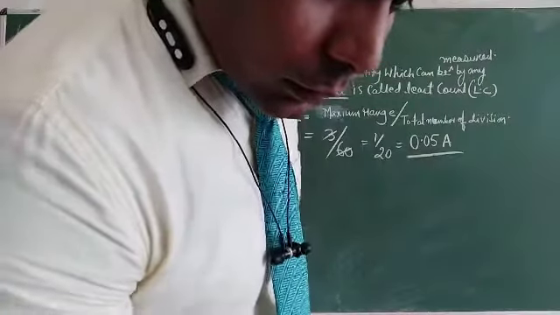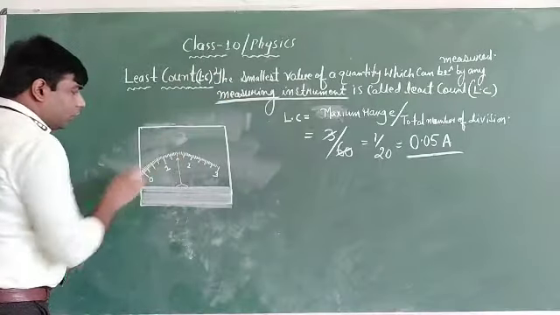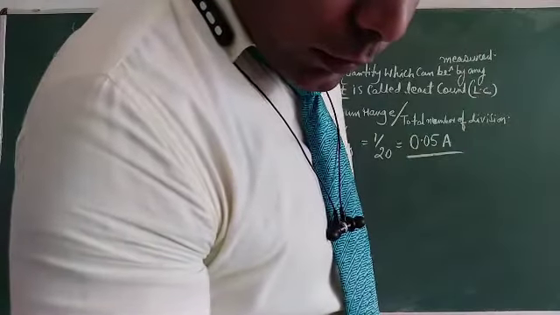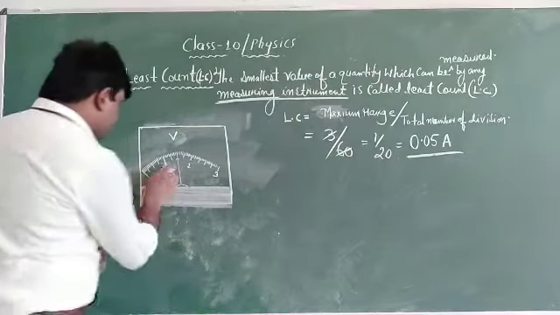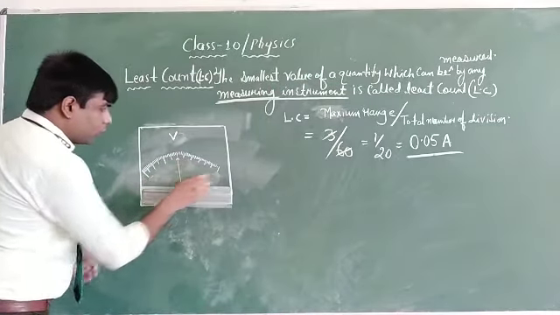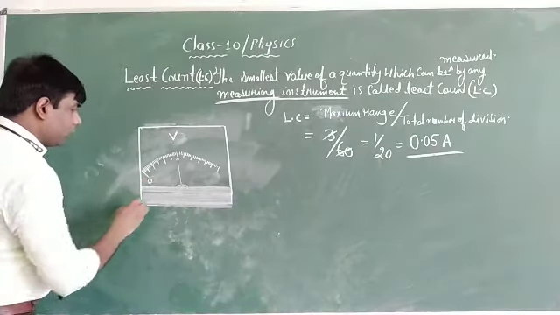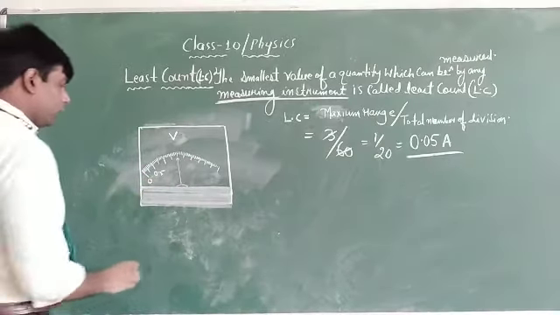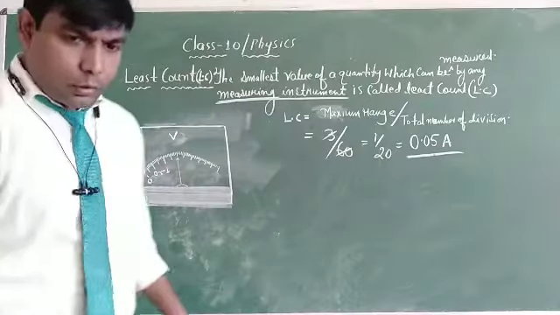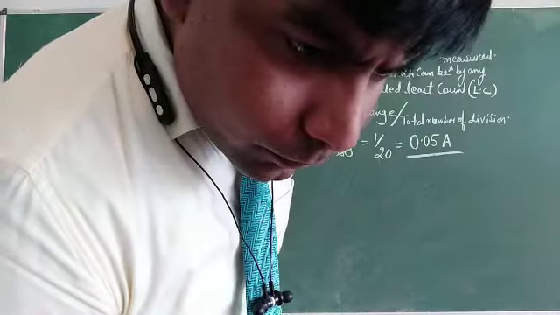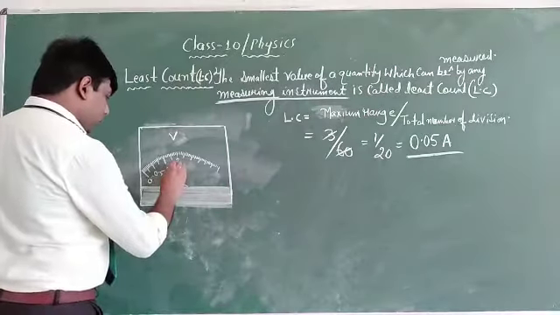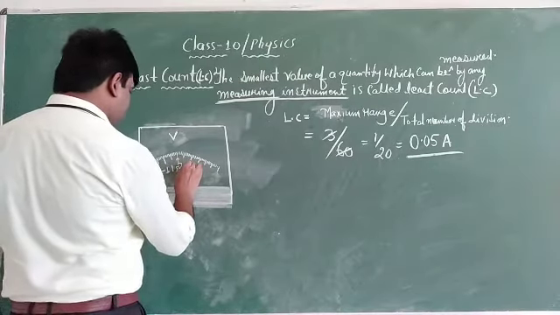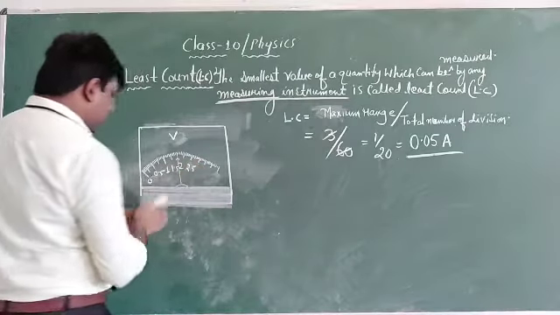For the voltmeter, it changes a little bit. It will be V here, and the markings are 0, 0.5, 1, 1.5, 2, and 2.5.